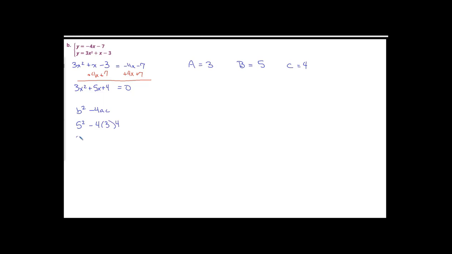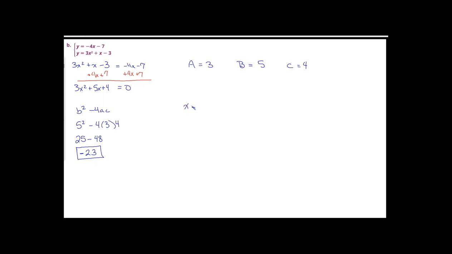So 5 squared is 25. And 12 times 4 is 48. 25 minus 48 gives me 23, and a negative, because the negative 48 is larger than the positive 25. And so when I plug that in, we end up with a negative as our discriminant.